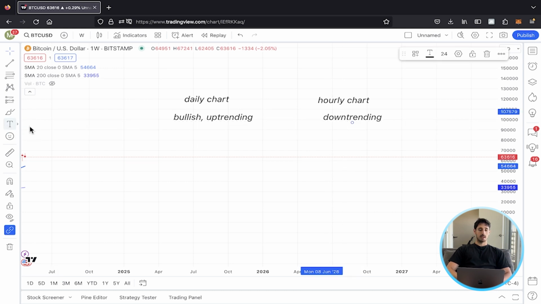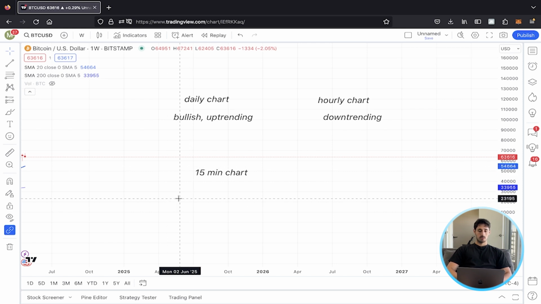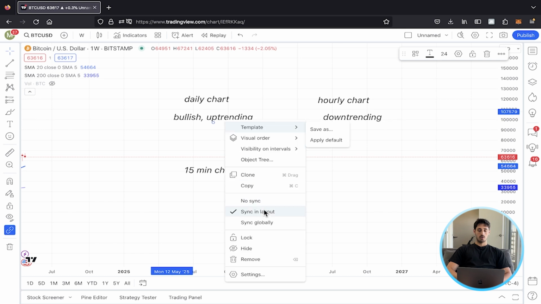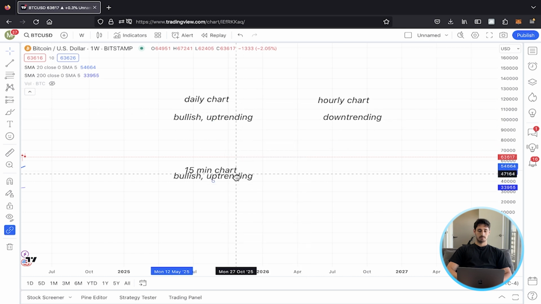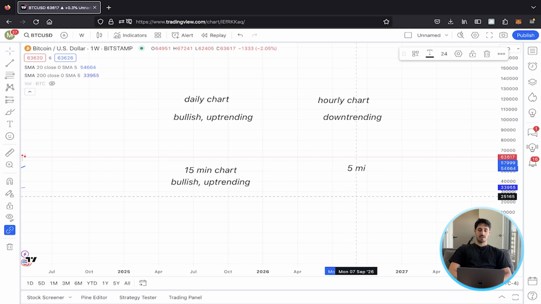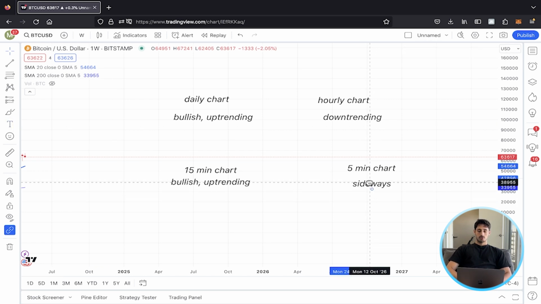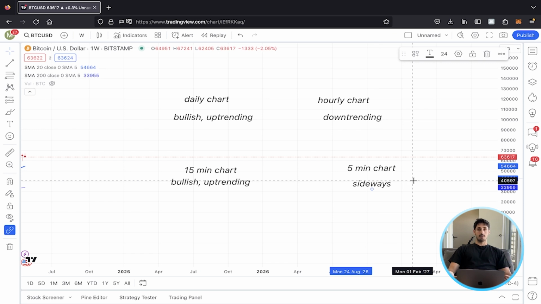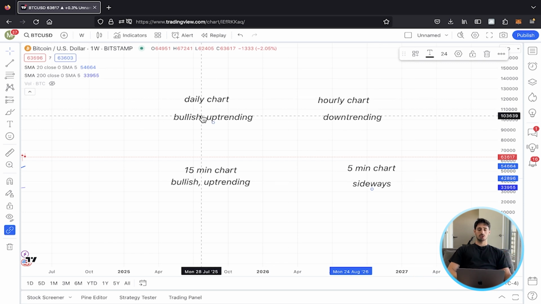Now let's say the 15-minute chart is also uptrending. And let's say the 5-minute chart is sideways. Okay, cool. So I'm looking at the time frames, and I'm seeing that the daily is bullish, hourly is downtrending, 15-minute is uptrending, 5-minute is sideways.